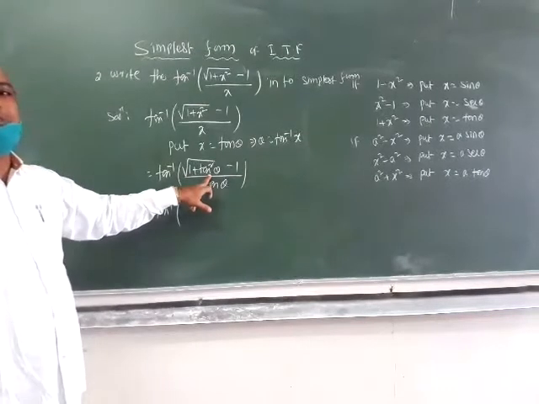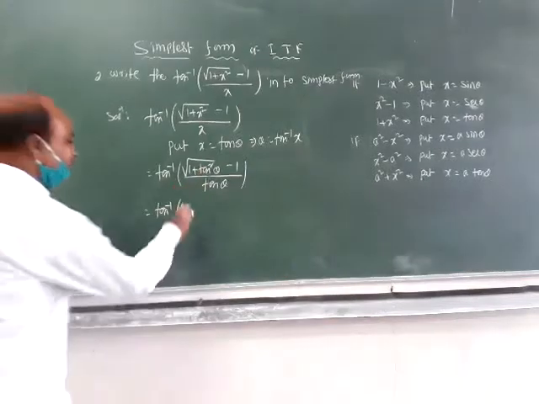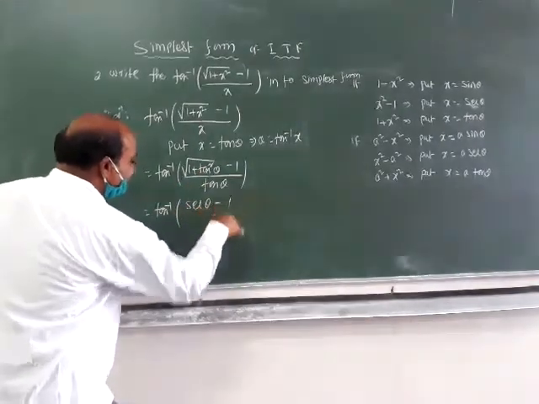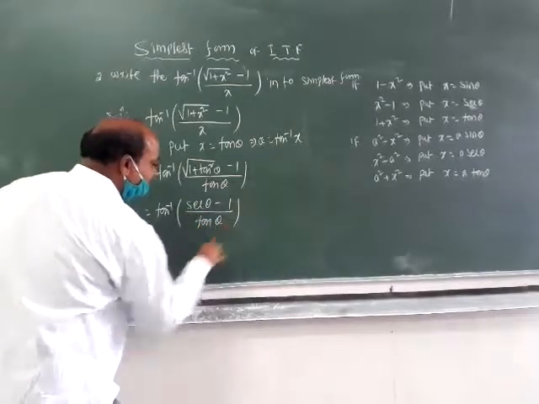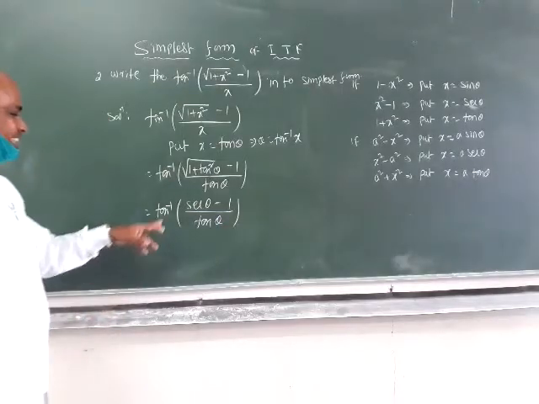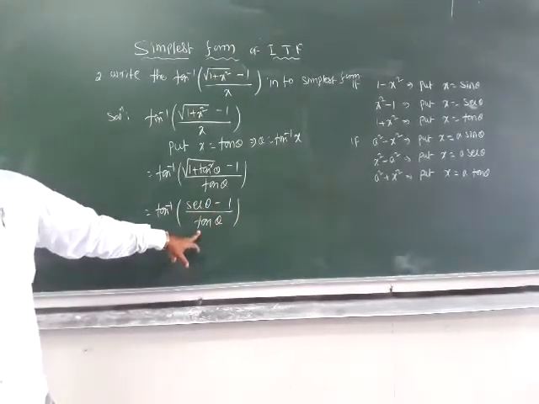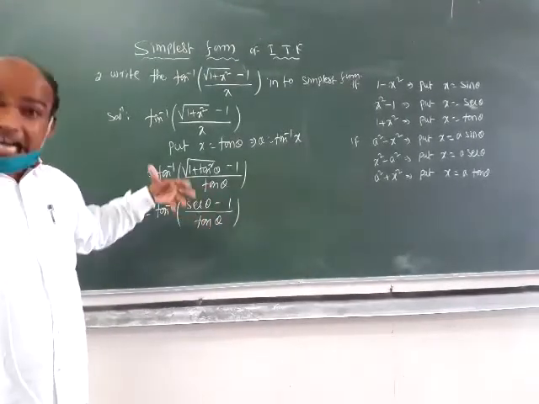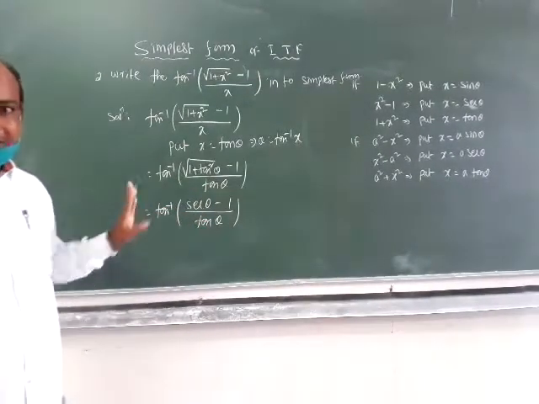Already you know, in the first PUC trigonometric identity formulas, it becomes sec theta minus 1 upon tan theta. Now you see, sir, here sec theta minus 1 upon tan theta is there, but I need this bracket to convert to either tan or cot, because it is related to tan inverse.